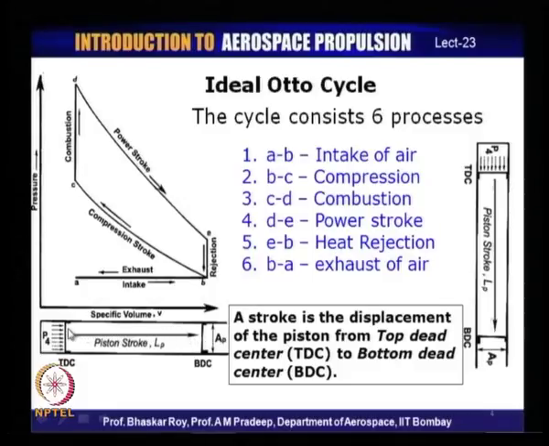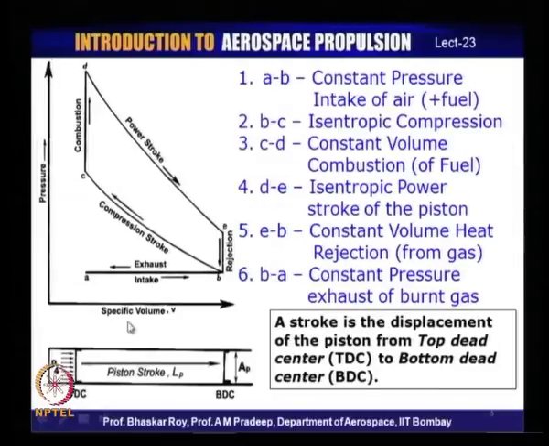As it moves, the air which had come in and got captured inside this volume gets compressed to a much smaller space, within which the air is now entrapped and compressed.